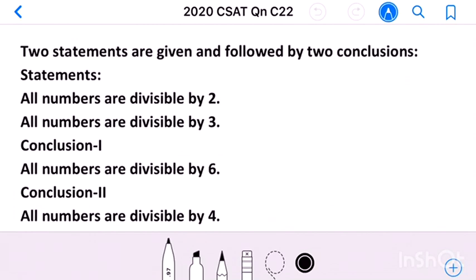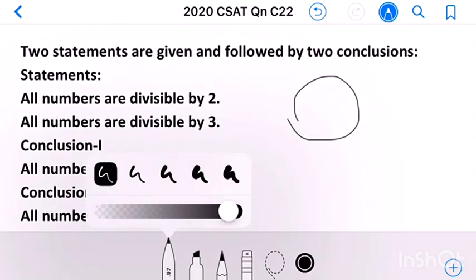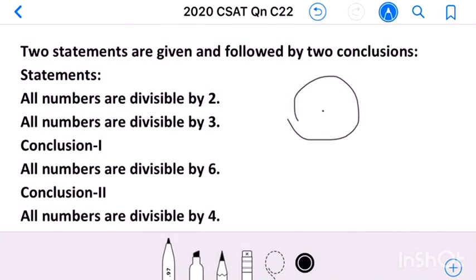Here it is said that a set of numbers, all these numbers are divisible by 2, and also all these numbers are divisible by 3. That means all these numbers are multiples of their least common multiple. So what is the LCM of 2 and 3?